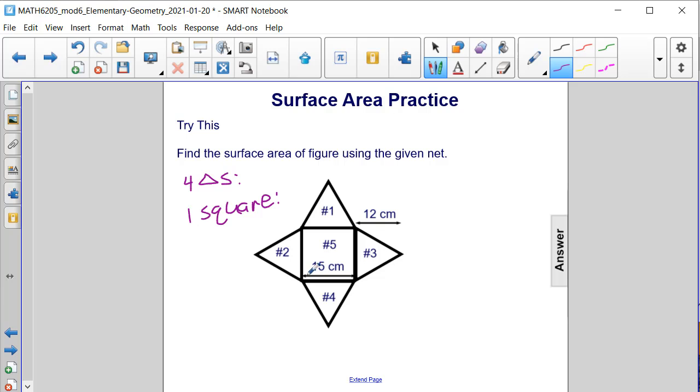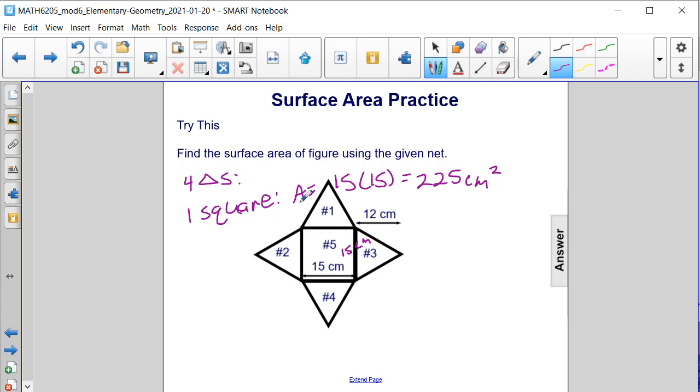So the square has an area of length times width. And a square's length is the same as its width. So this is also 15 centimeters. Therefore, the area of this square is going to be 15 times 15, which is 225 square centimeters.